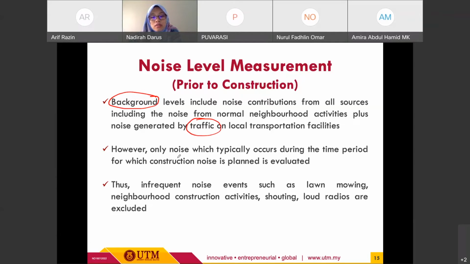Kalau yang ni maksudnya only noise which typically occurs during the time period for which construction noise is evaluated. Maksudnya any noise yang happen at the same time with the construction activities progress will be evaluated. Sebab kalau kita tahu outdoor environment or ambient noise level, dia mix of several sources of noise, tapi kita fokus on noise sources that happen frequently during the construction activities.